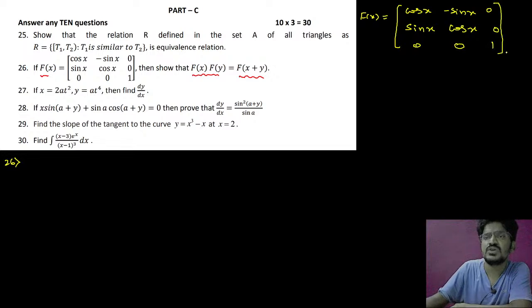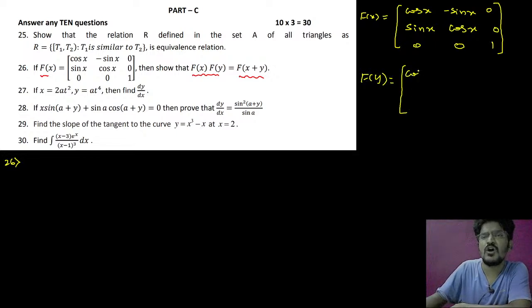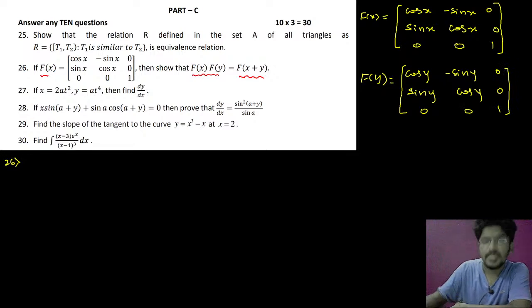Okay, so now go for f of y. What is f of y? You just see it: cos y, minus sin y, 0; sin y, cos y, 0; 0, 0, 1. So this is f of y. Now you see what is f of x plus y.